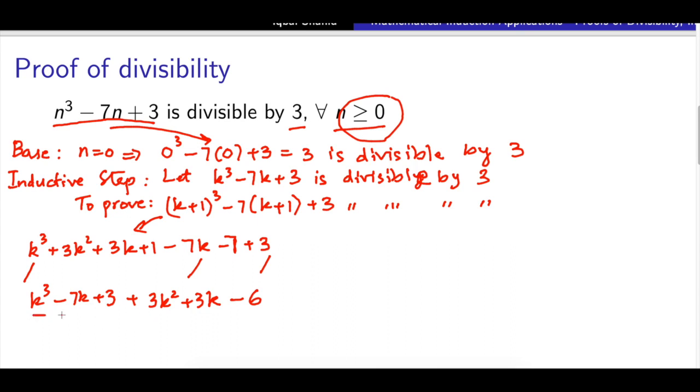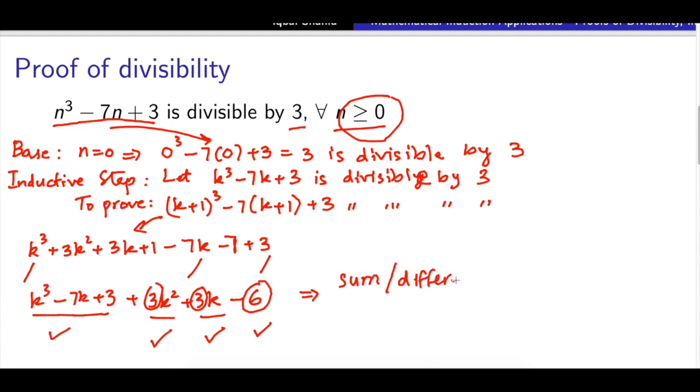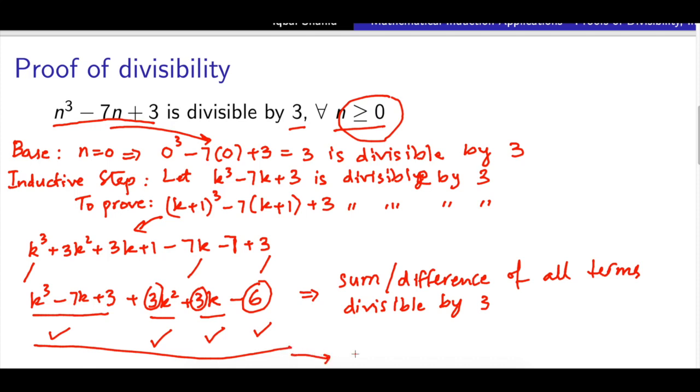Okay, now this guy is divisible by 3. This guy is divisible by 3 because this is 3 times something. This guy is also divisible by 3 because this is 3 times something, and this guy is also divisible by 3. So this means we have a sum and difference of all terms divisible by 3, so this whole thing is divisible by 3.